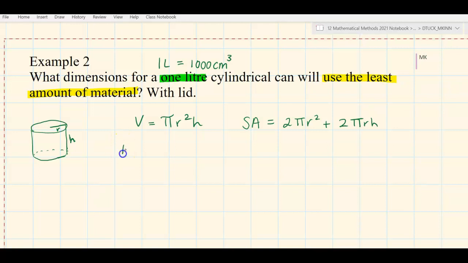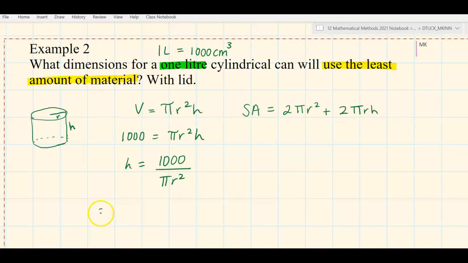So we sub in that the volume is 1,000 equals pi r squared h. Which variable should we rearrange for? H. Don't do r. Why would I not do r? Because it's squared and that's just a little bit too much work. So don't make your life harder than it needs to be.